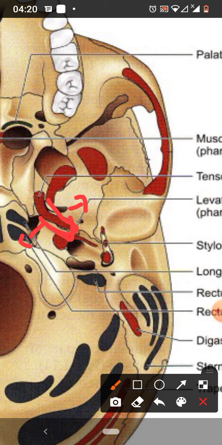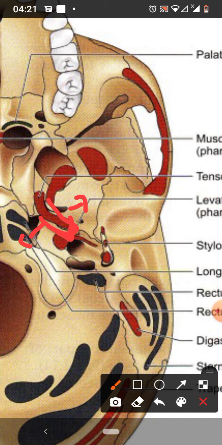The tip of the spine of the sphenoid gives attachment to a few ligaments: the sphenomandibular ligament, the anterior ligament of the malleus, and the pterygospinous ligament. So three ligaments are appearing from this tip of the spine, and two nerves are related, one medial and one lateral.